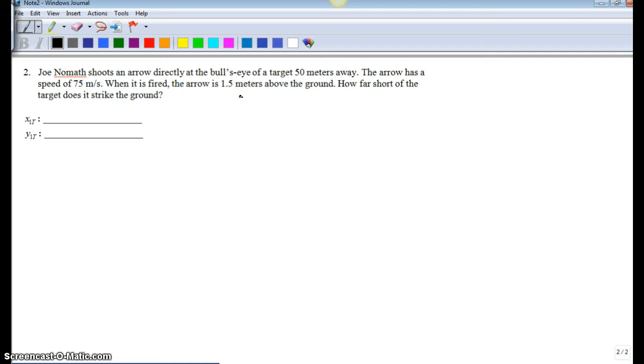So first thing I'm going to do is draw our diagram. So here I'm just going to write, here's the ground, starting at 1.5 meters above ground. He is shooting an arrow at 75 meters per second.